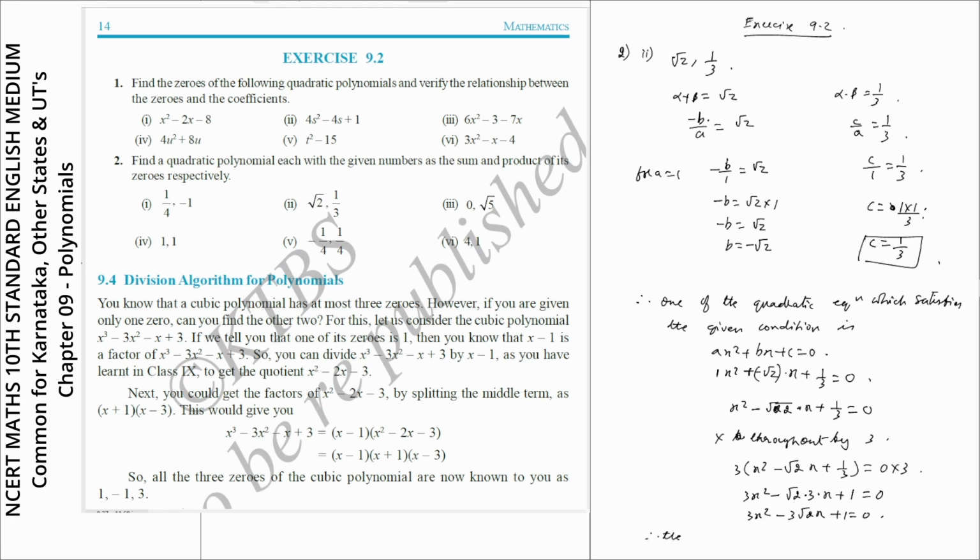Therefore the quadratic polynomial is 3x square minus 3 root 2 x plus 1.